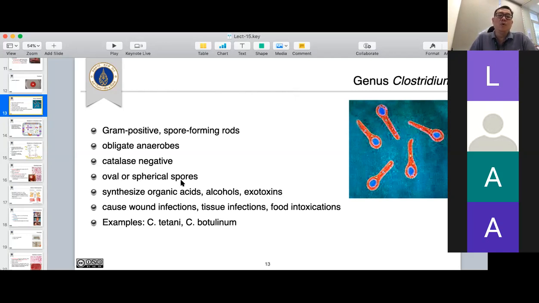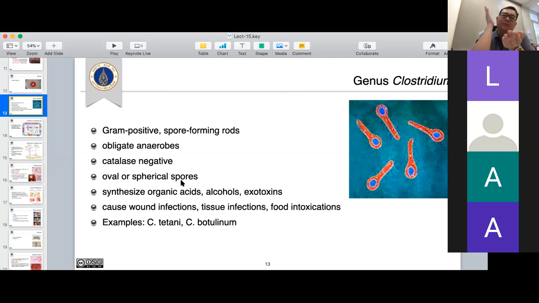It causes wound infection when you get cut by a knife or an animal scratch or bite. Well, if a dog bites you, instead of rabies, Clostridium needs to be a concern if the bite wound is very deep.